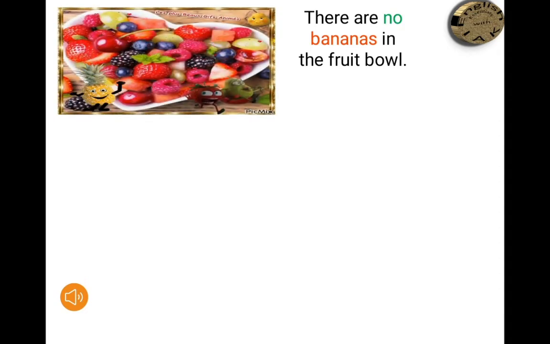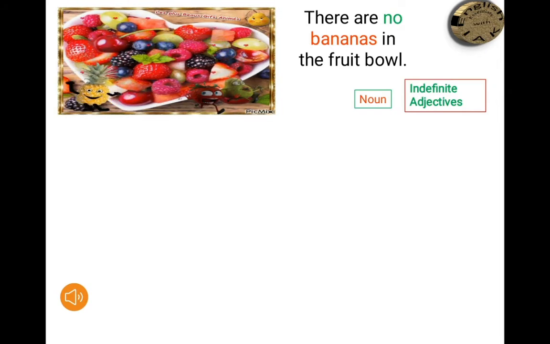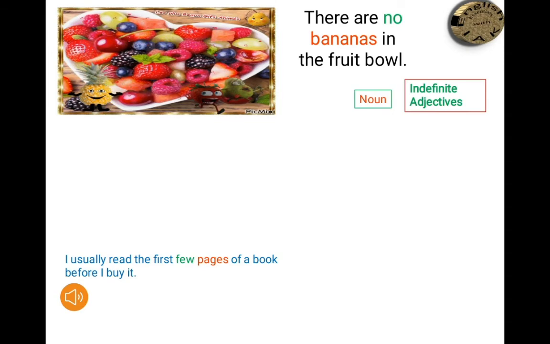Next in line are indefinite adjectives. There are no bananas in the fruit bowl. Indefinite adjective, no. Noun, bananas. Second example, I usually read the first few pages of a book before I buy it.